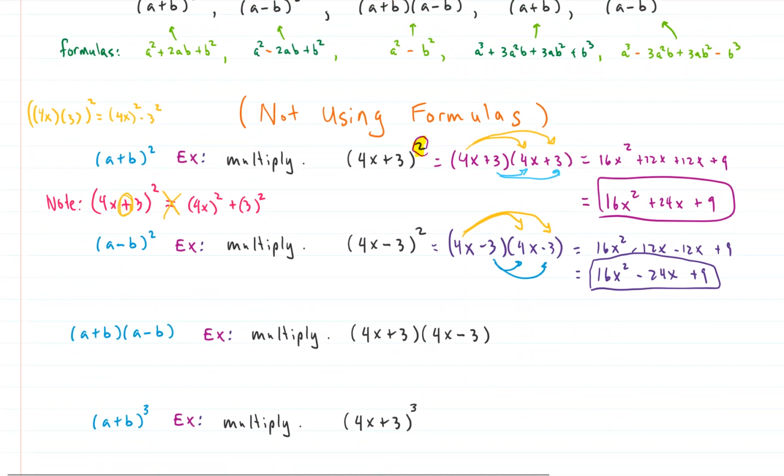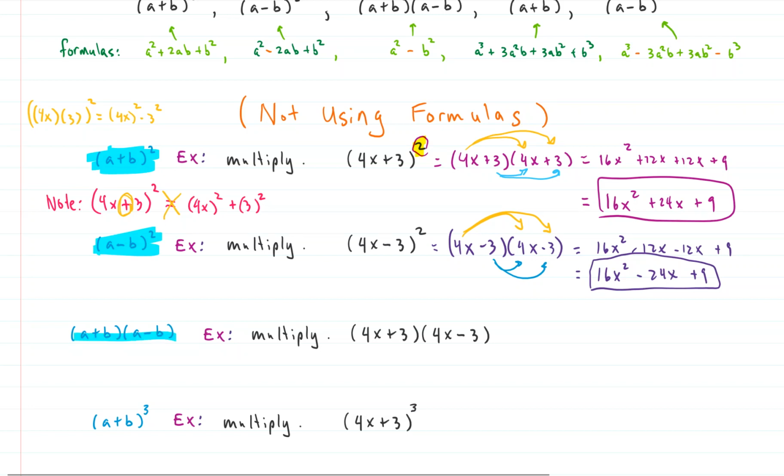So what if we do 4x plus 3 and 4x minus 3? That is a special form, and I have the special forms, by the way, out on the left in blue. Our first special form was a plus b quantity squared. The second special form was a minus b quantity squared, so something minus something all squared.